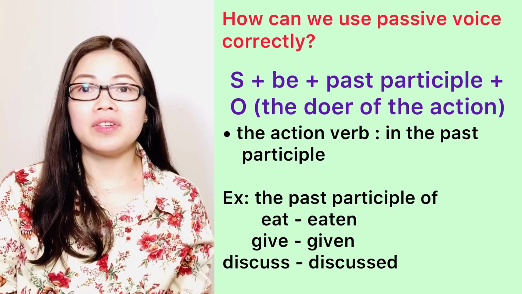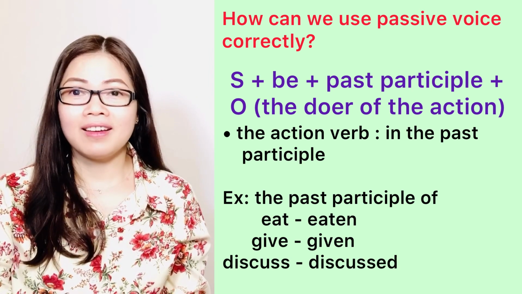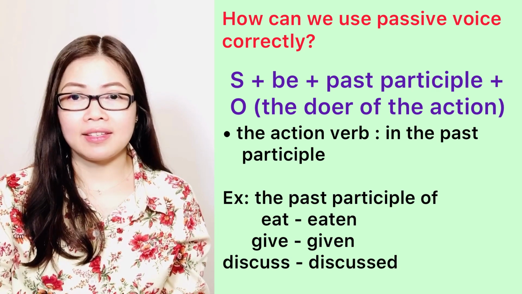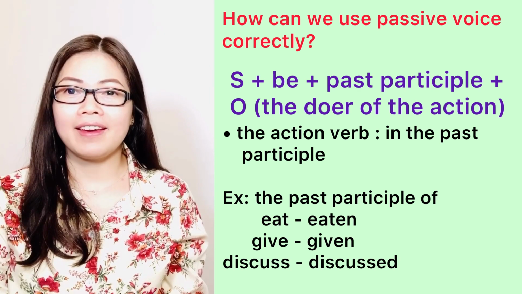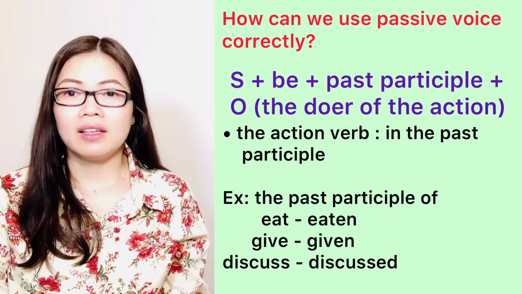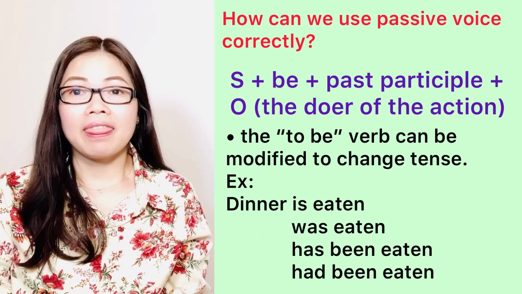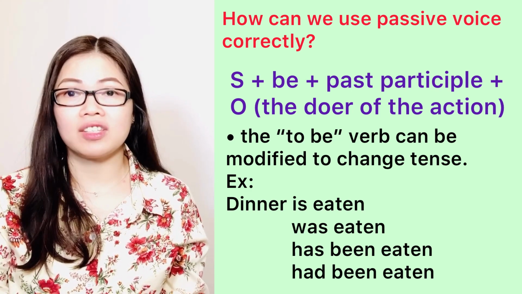The action verb is always in the past participle. For example, the past participle of eat is eaten, of give is given, of discuss is discussed. Okay?